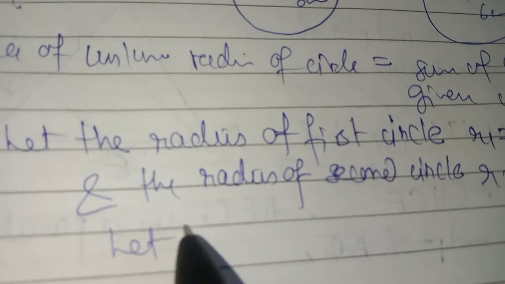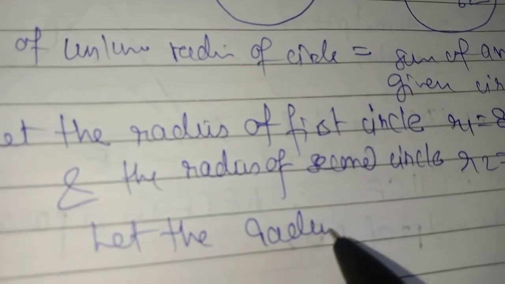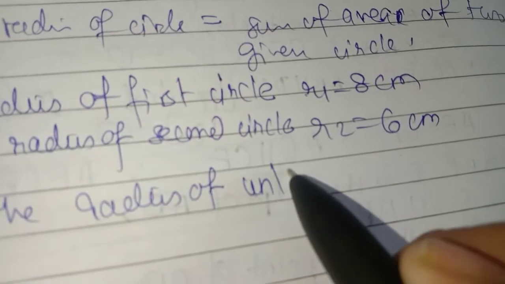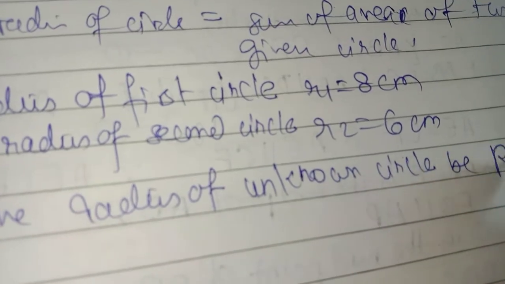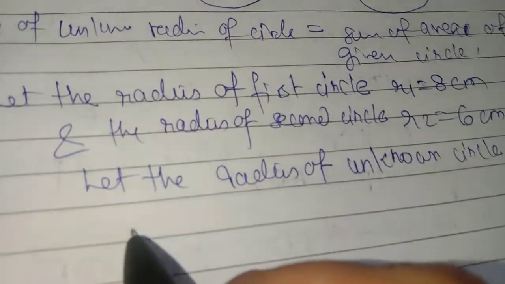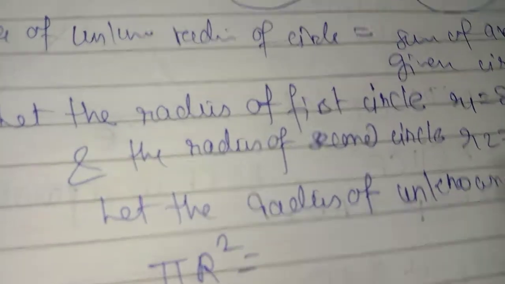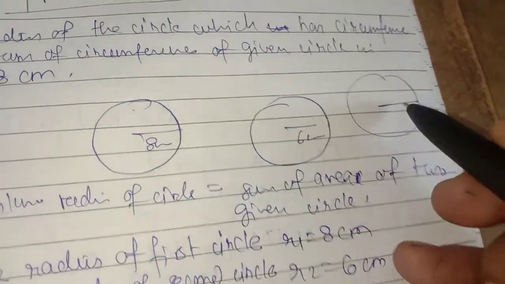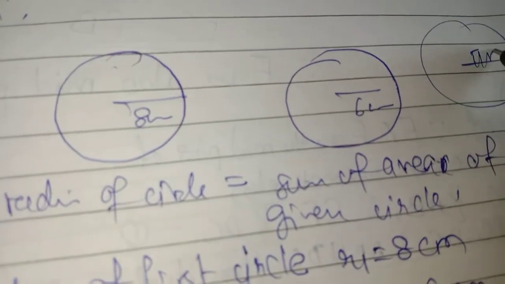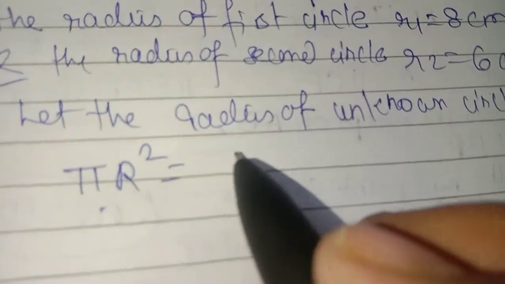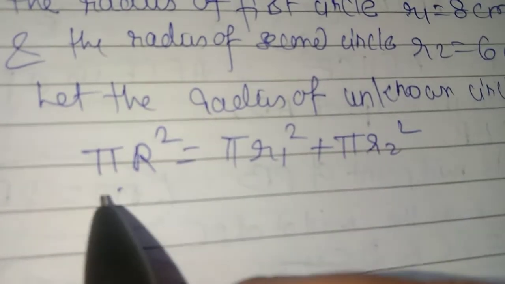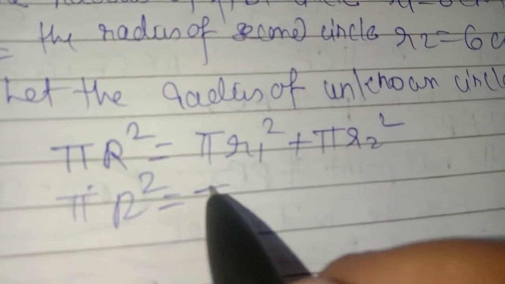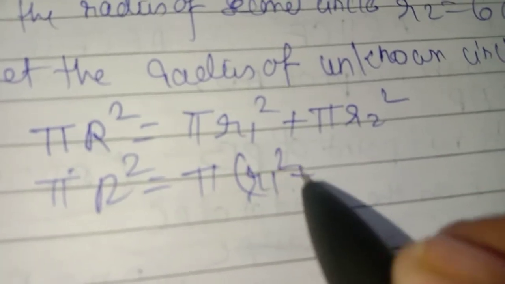Now let the radius of unknown circle be capital R. So what is the area of a circle? It is pi r square, that is the unknown. Another circle is there whose area is equal to the sum of these two circles. So pi R square is equal to pi r1 square plus pi r2 square. So pi R square is equal to, taking pi common, r1 square plus r2 square.